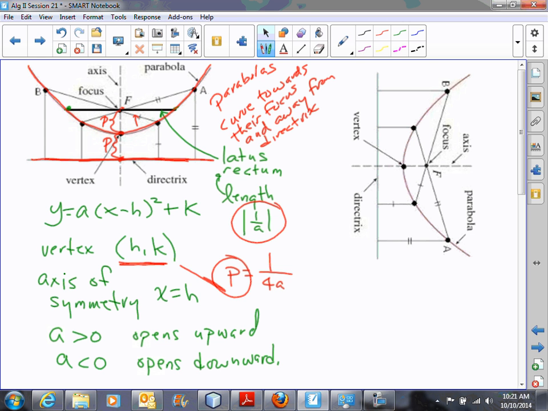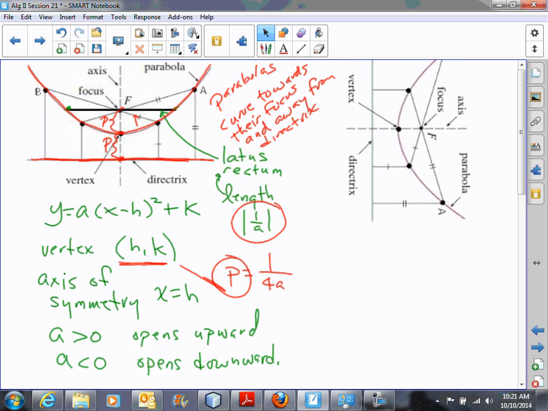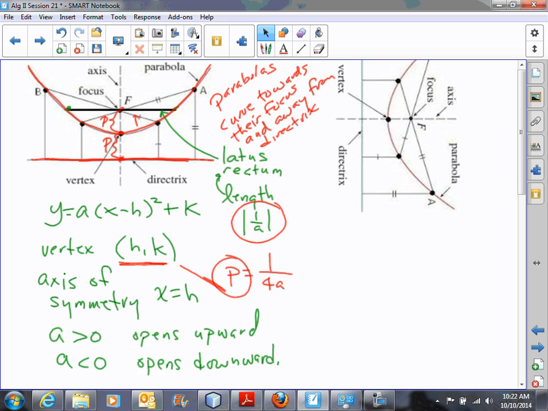Now, what does this mean in relation to the quadratic relation? The equation for the quadratic relation is x is equal to a times (y minus k) squared plus h.